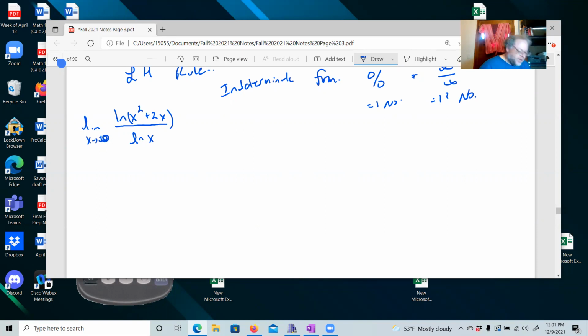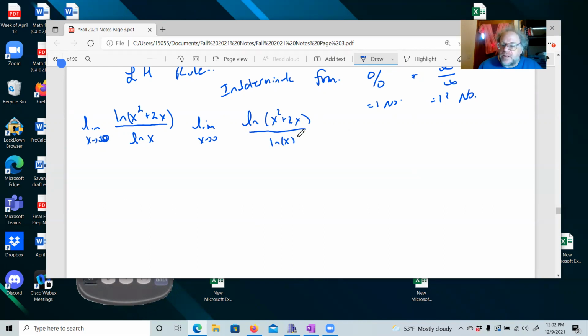So we want the limit as x approaches 0 of natural log of x squared plus 2x, all over natural log of x. They're kind of nice. They give the problem to us as a fraction anyway. We don't have to do any operations to make it a fraction.